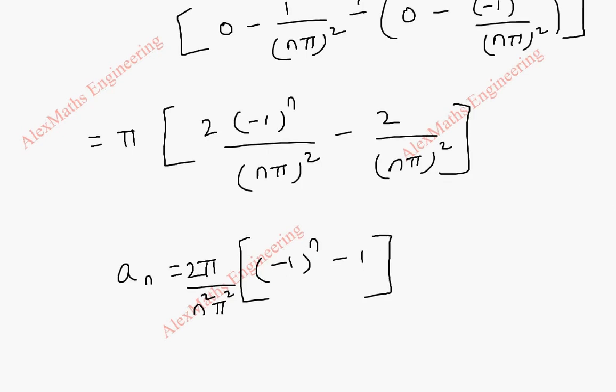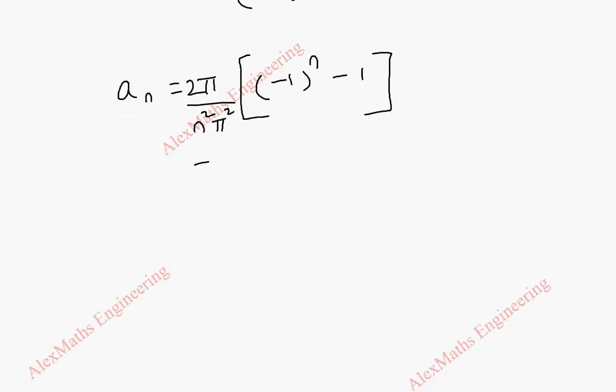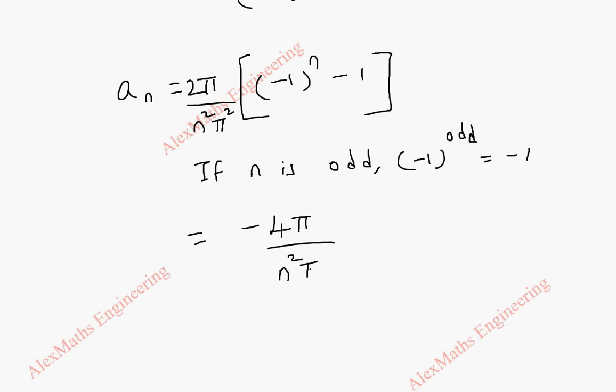And at this stage, we can take n if n is odd. It means (minus 1) whole power odd number becomes minus 1. So minus 1 minus 1 become minus 2. Already there is a 2 pi outside. So minus 4 pi by n square pi square. So we can cancel this. So minus 4 by n square pi.